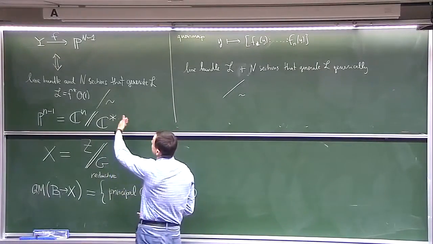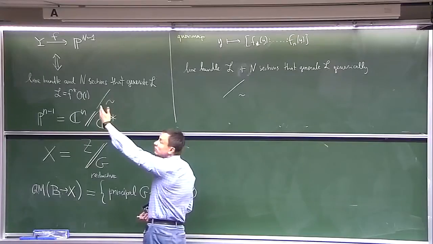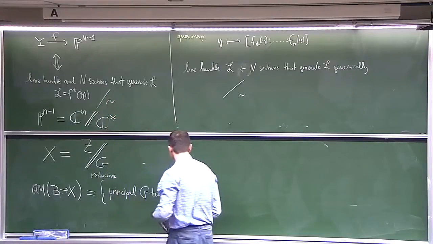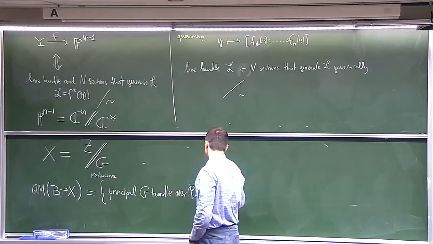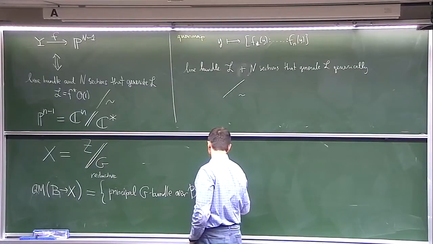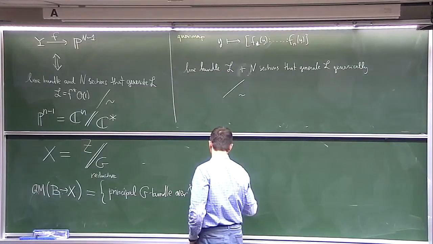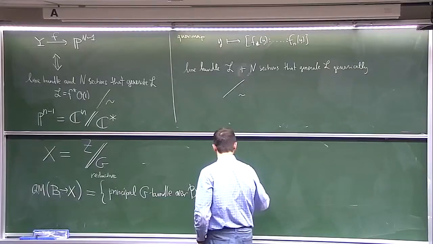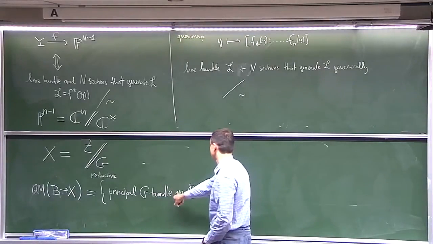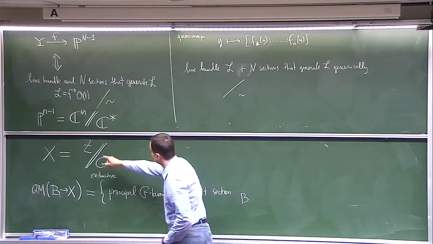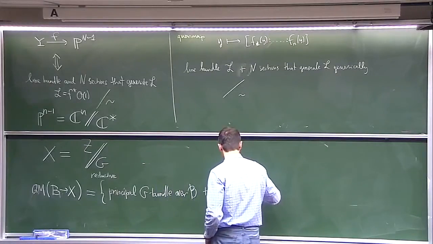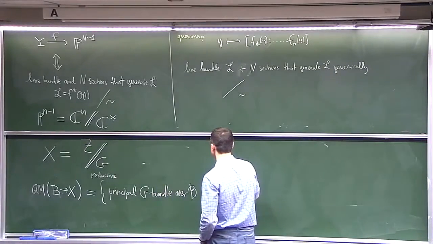And this in particular will be like an O(1) for projective space, plus a section of the associated bundle. If you have this principal G bundle and G acts on Z, then you have an associated Z bundle.